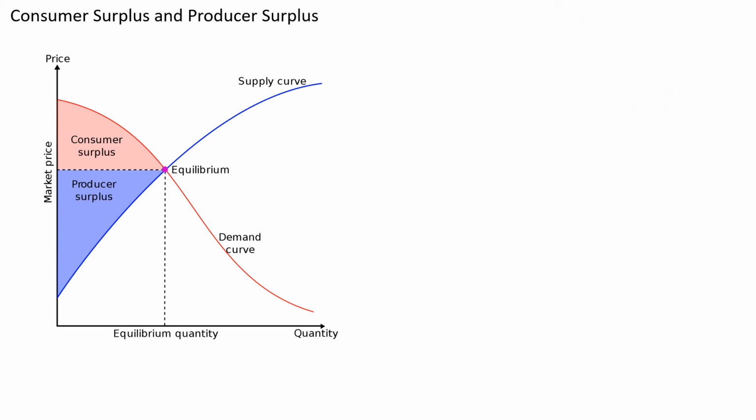But putting all of that behind us, what are we actually going to do in this class? Well, we're going to numerically compute the number of dollars in consumer surplus and the number of dollars for the producer surplus. How are we going to do this? Well, the first thing we're going to do is find this so-called equilibrium point, which you'll notice in the diagram. The equilibrium point is an economic ideal that essentially says wherever the supply and demand curves meet, that's where the price of something will be set.